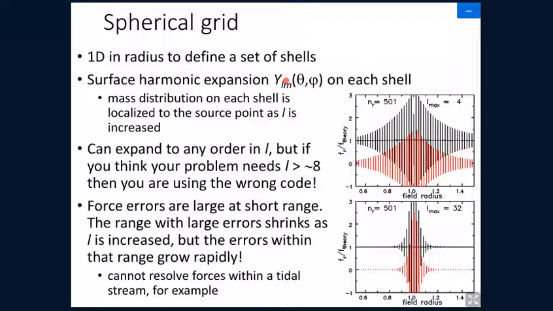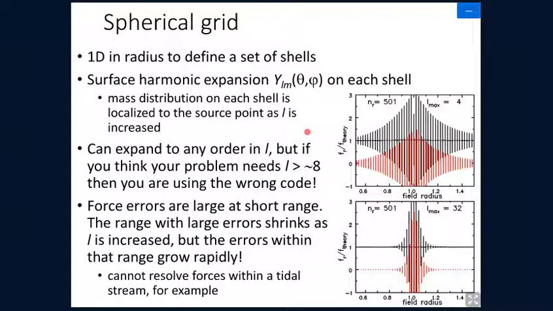You expand the mass distribution on each shell in these components, and the more L's and M's that you include in your simulation, the more faithfully the calculation will try to mimic the effects of point mass forces between two particles.